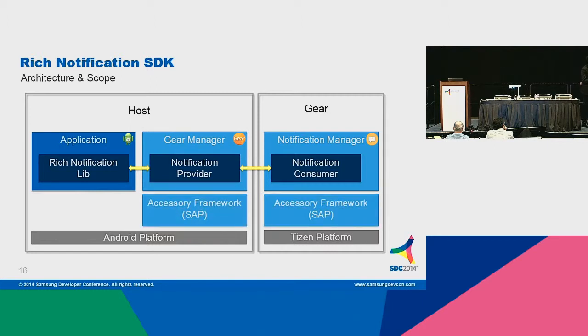So the gear manager service and the notification manager service, they talk to each other through the Samsung Accessory Framework Protocol, which we call as SAP. So the developers can build the application and import the rich notification library to connect and talk to the gear manager service. Let's see the prerequisites to use the rich notification SDK.